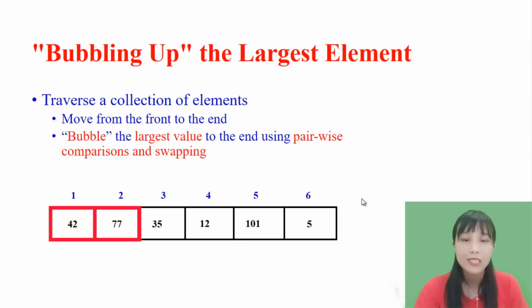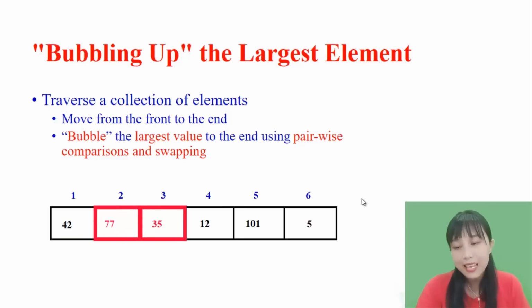So now 42 came in front of 77, and then I repeat this process for the second and third element. So I compare 77 and 35. 35 is less than 77, so of course I swap that, and now my list looks something like this.